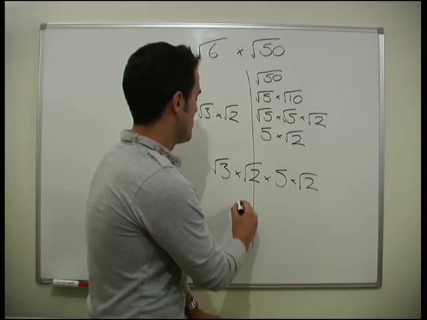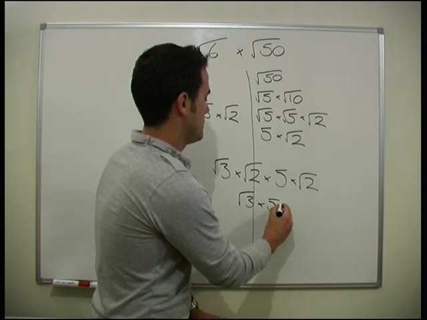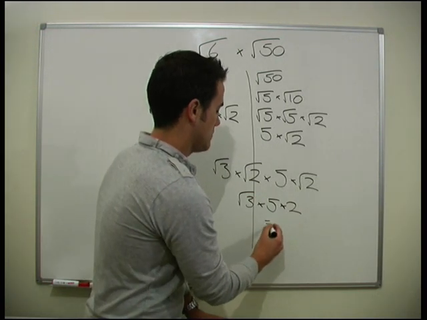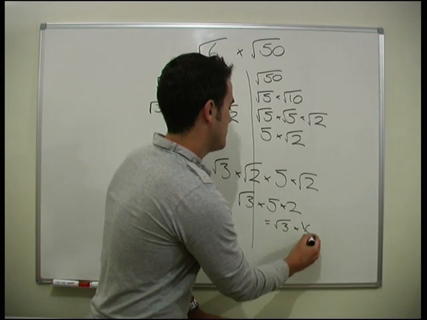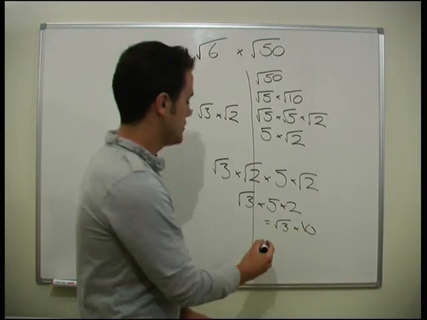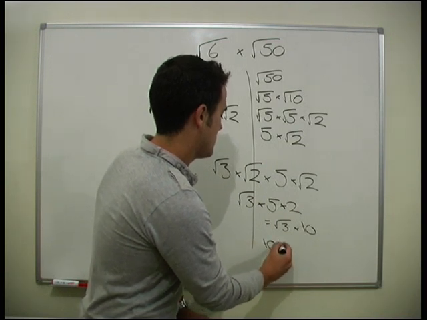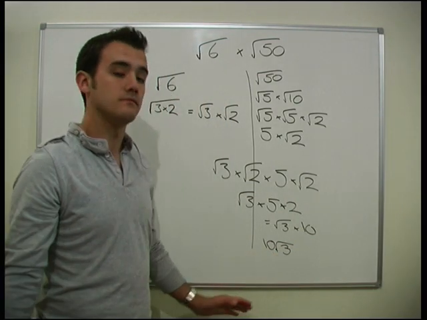So we've actually got root 3 times 5 times 2. So we've got root 3 times 10, which in surds we just write as 10 root 3. There's our answer.